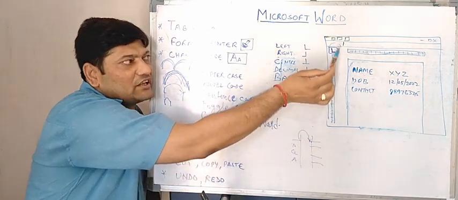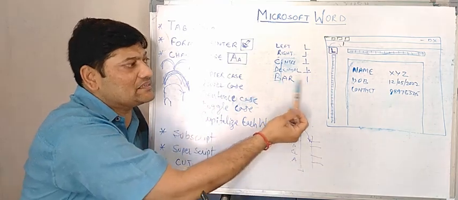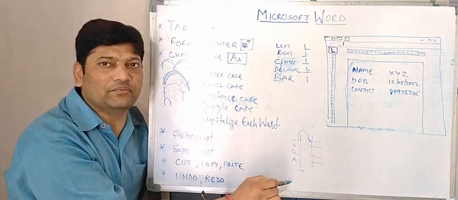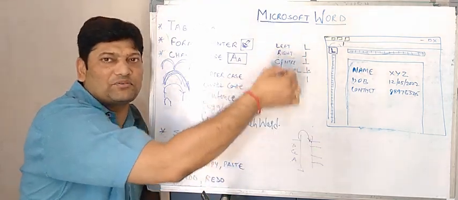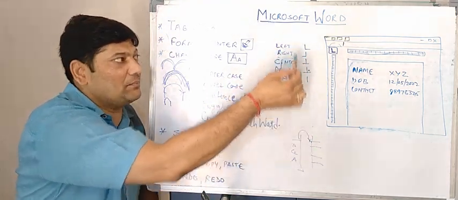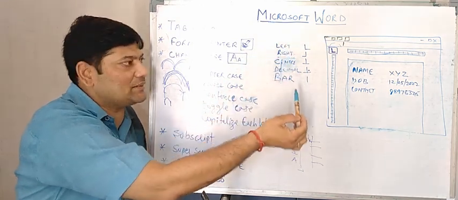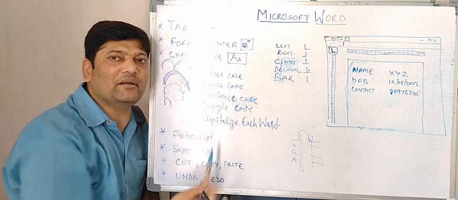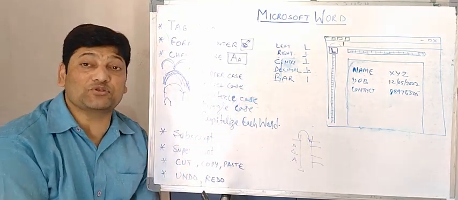If you click the 5th time, you get another symbol which stands for bar tab. If you click again, all the options start repeating: left tab stop, right tab stop, center tab stop, decimal tab stop, and bar tab stop. So there are 5 different types of tab stops.